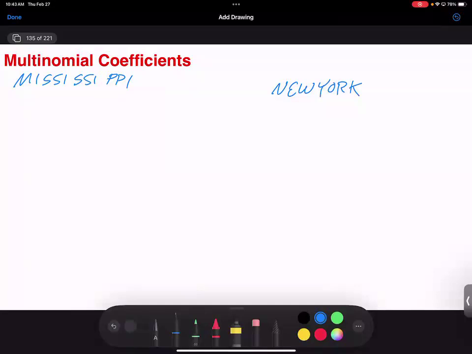Repeats. So repeats make things much harder. How many ways can you reorder the letters of New York if you want to use all the letters? Seven factorial. So we have 7 factorial distinct words. Almost none of them will actually be real English words, but we can reorder them.